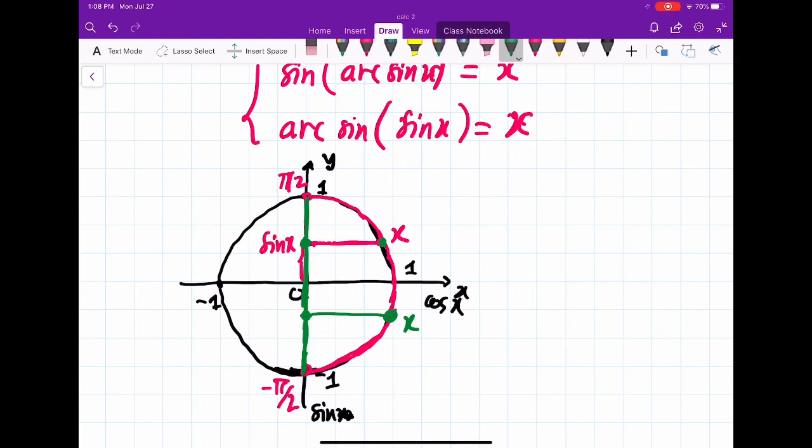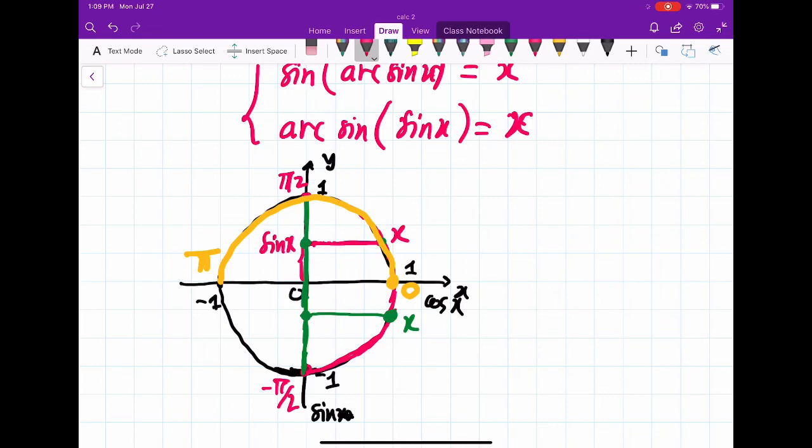You see that? But if you change the interval, look at this. For example, you just consider the interval from 0 to 2 pi. You see this? This is 0. That is 2 pi. No, that is just pi. Sorry. So what happened on this interval?